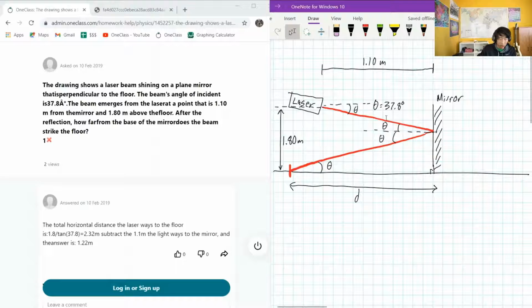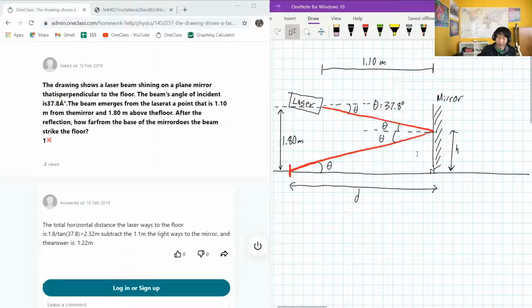Okay, so if we can find out what this angle is, we know that if we have the height of the point where it hits the mirror, let's call this H, this makes a right triangle, right?